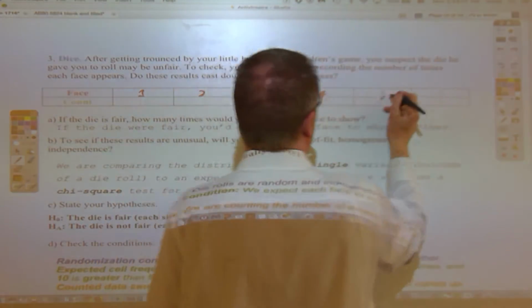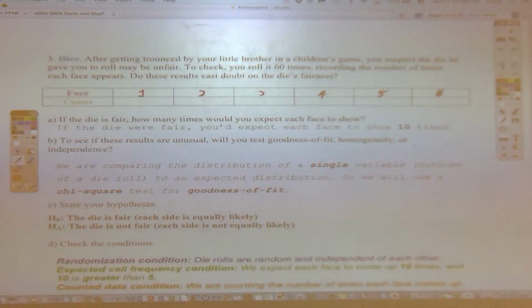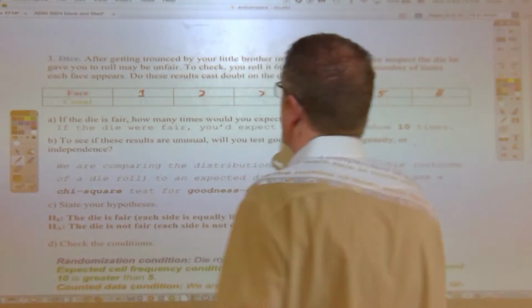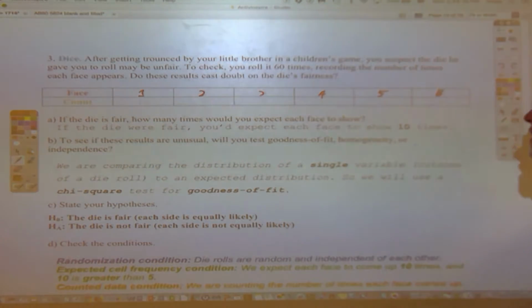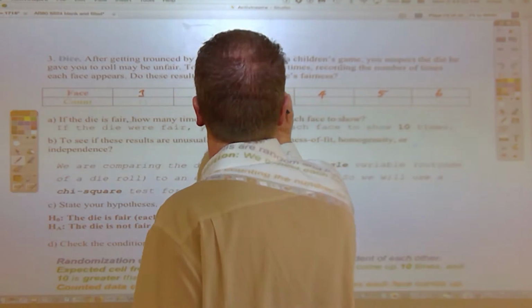You've got to be able to blame it on something else, because you're not willing to accept that your little brother is better than you at anything. So you're checking to see if the die is fair, because you suspect it's not.